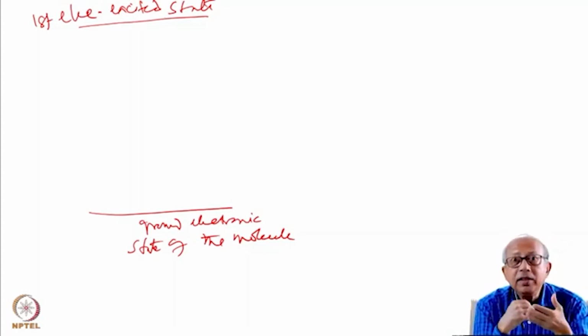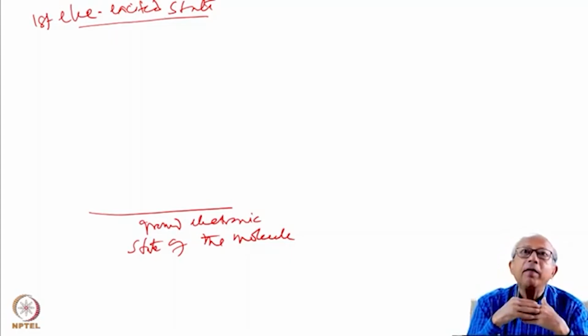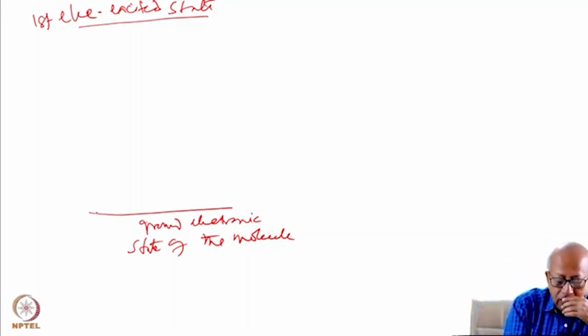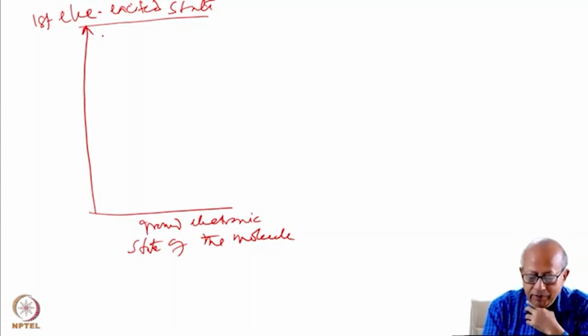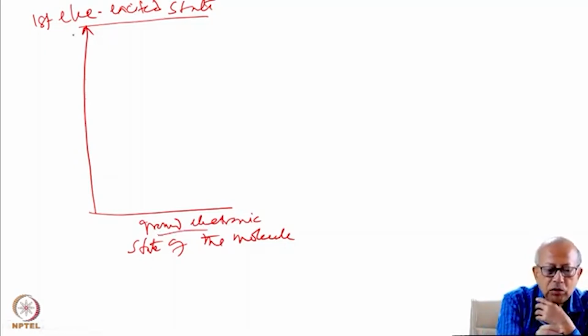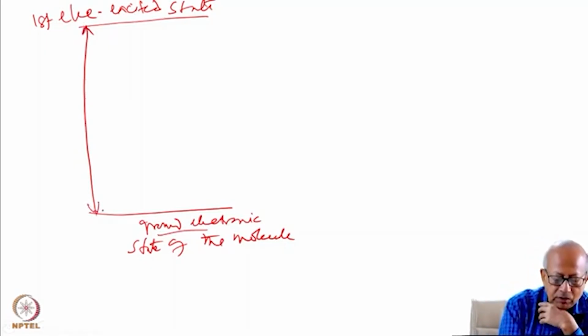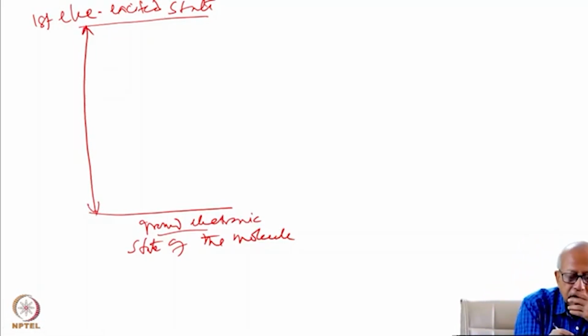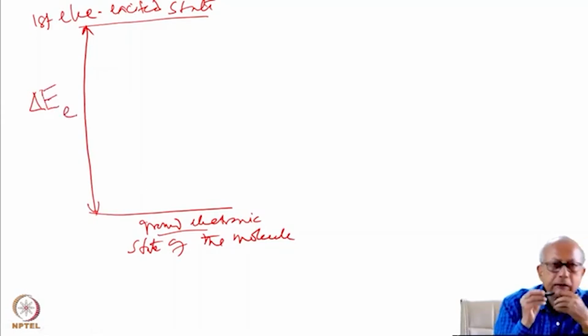And the energy that is required to excite a quantum of vibration is much less than the energy that is required to excite the molecule electronically from, say, ground state to its first excited state. This is the energy that will be required to cause an electronic excitation, which we call delta E electronic.